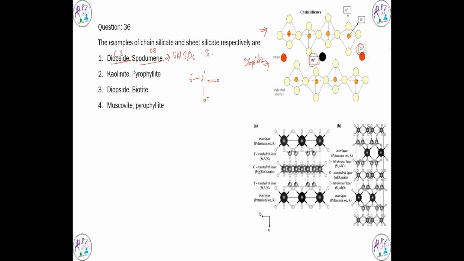Okay, so this is also going to exist in the same manner, but what will differ is, here we have magnesium ions, you can see, right? So here you have a calcium ion, here you have a calcium ion, here you have a magnesium ion. Likewise there is going to be lithium and aluminum present in between your silicates. That's going to be your spodumene, and this is again going to be a chain silicate.